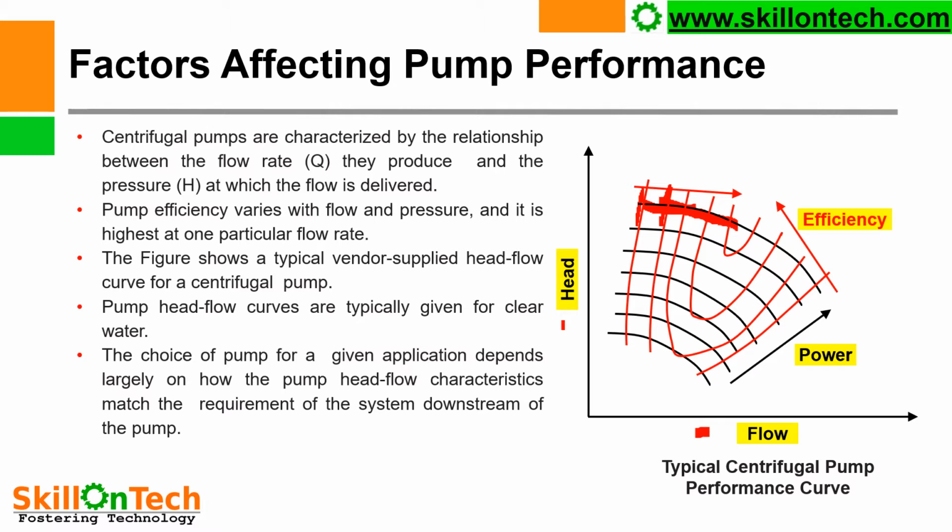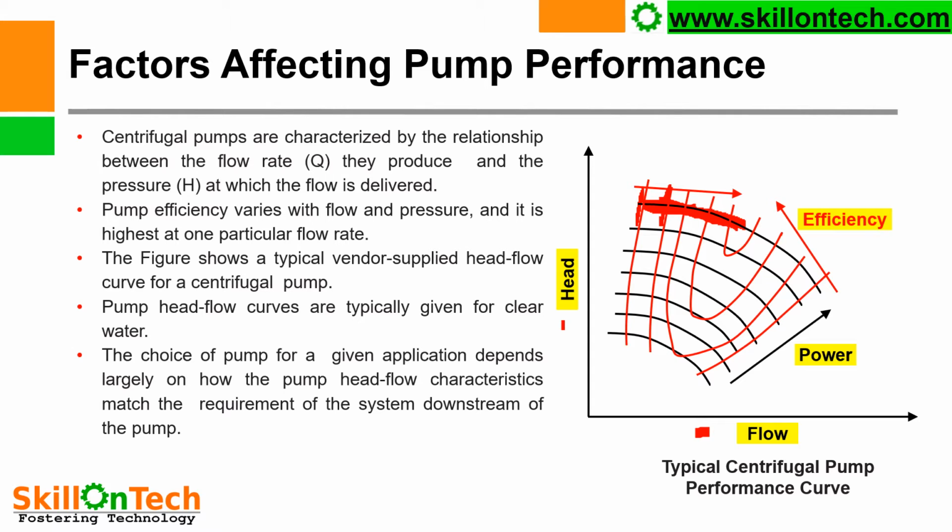Pump efficiency varies with flow and pressure and is highest at one particular flow rate. The figure shows a typical vendor supplied head flow curve of a centrifugal pump. So you can see the efficiency changing with respect to head and flow.